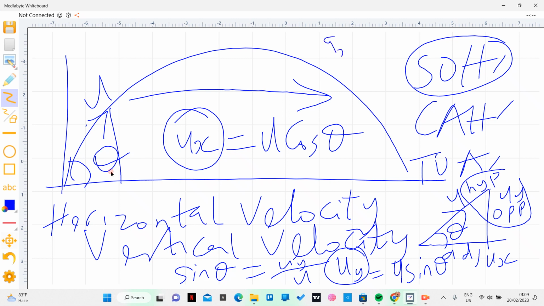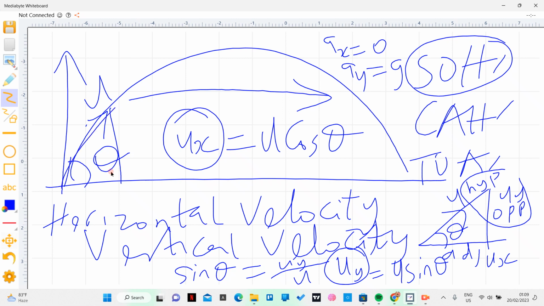So Ax is 0. Now, your vertical acceleration, that's Ay, your Ay is what? Acceleration due to gravity. Now it can either be plus g or minus g, depending on the point that the object is at during the whole journey.